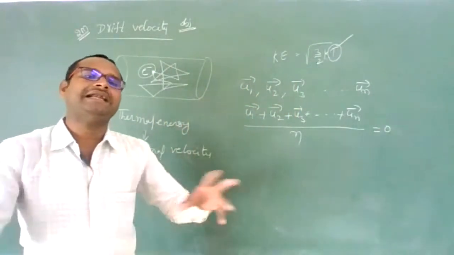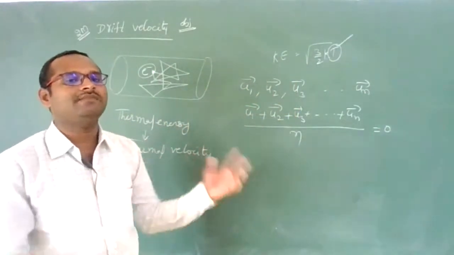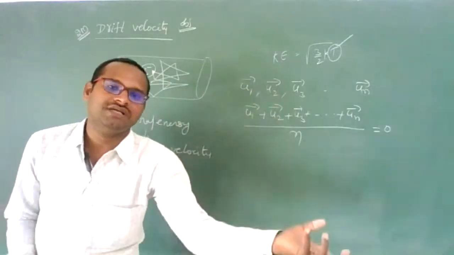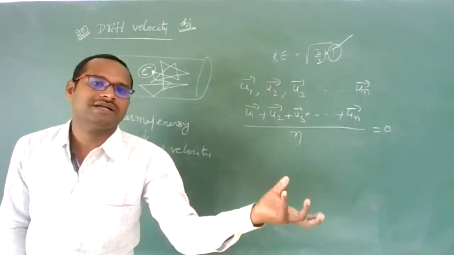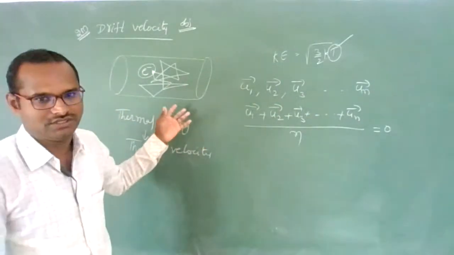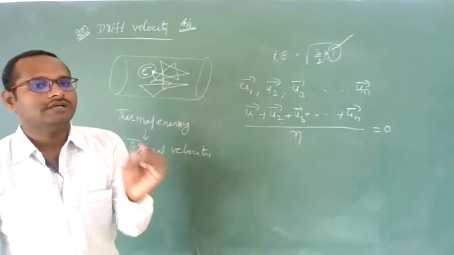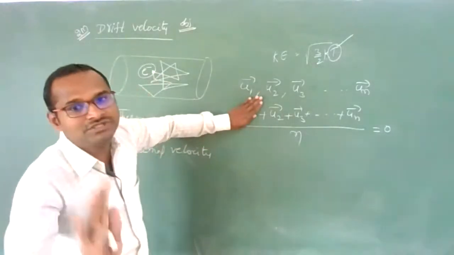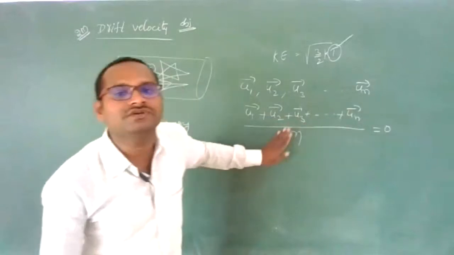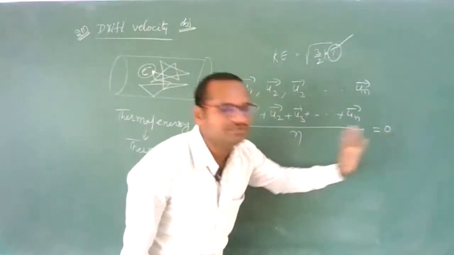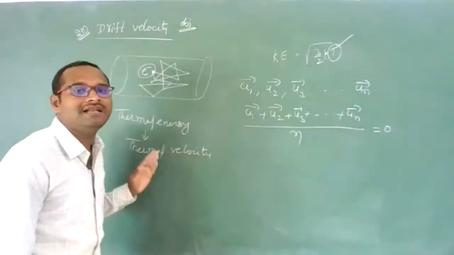Because they are moving in random directions, they collide with each other and with the positive ions of this cluster, so the net displacement will be zero. Individually, the velocity will not be zero, but the average velocity, if you consider it, will always be zero due to the thermal energy.